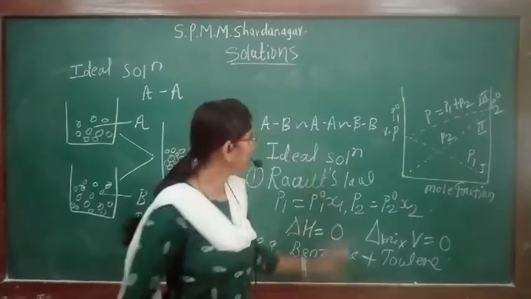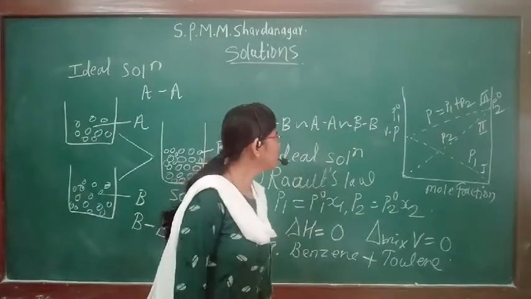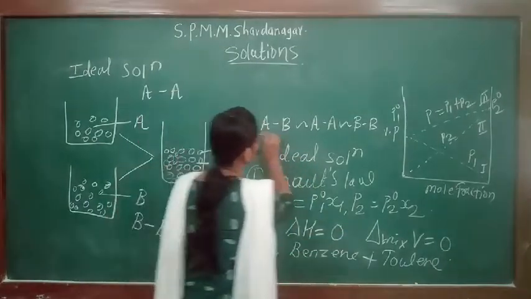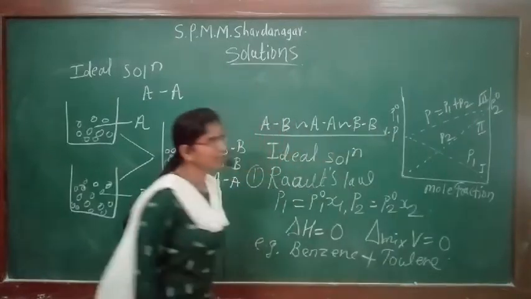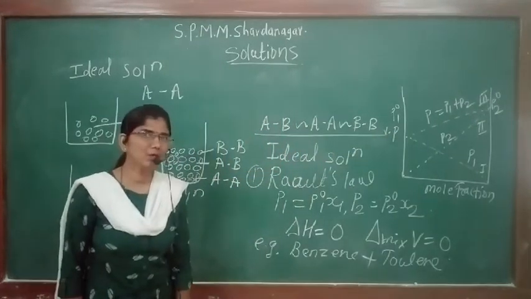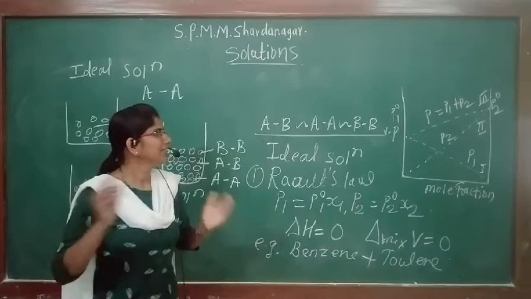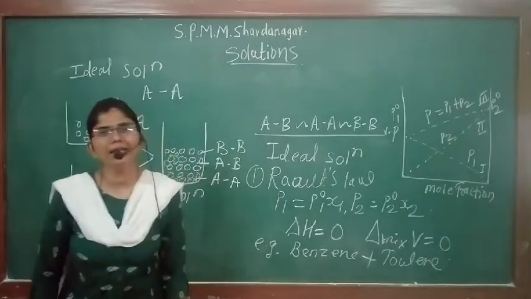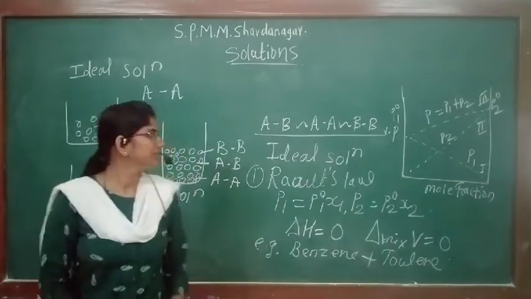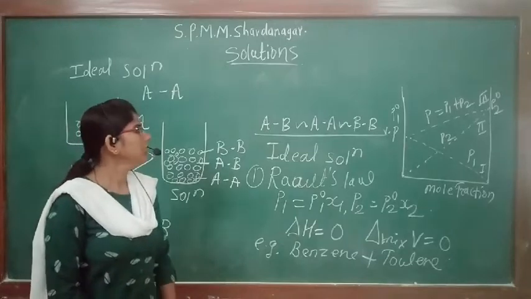For an ideal solution, the A-B interaction is equal to the AA interaction, which is equal to the BB interaction. So this is all about the ideal solution.